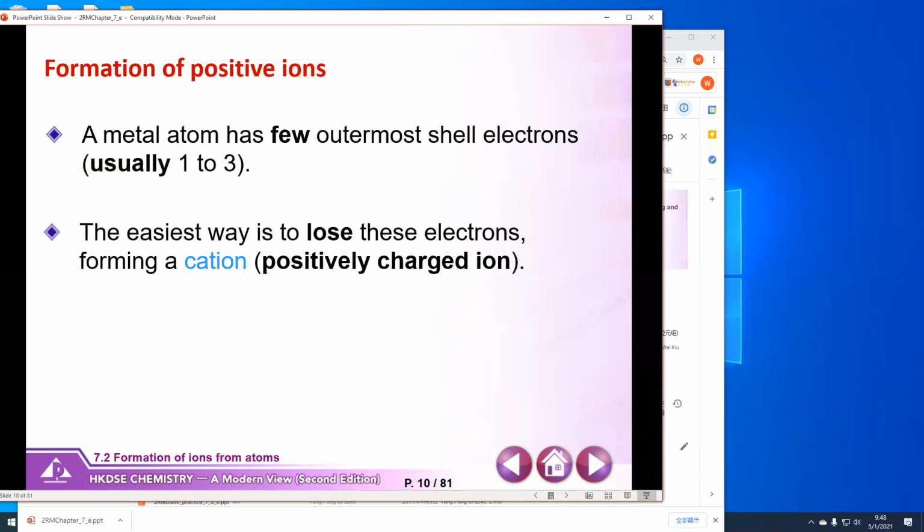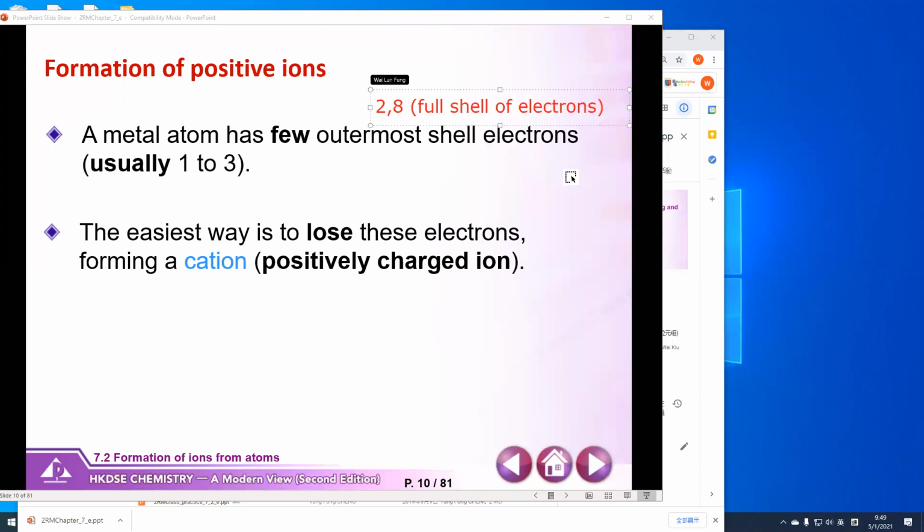So, in order to make a full shell of electrons, 啲 atoms 好中意2或者8呢啲咁嘅 full shell 嘅結構嘅，大家應該記得嘅。Electrons like to have full shell electrons, therefore they want to lose these electrons.